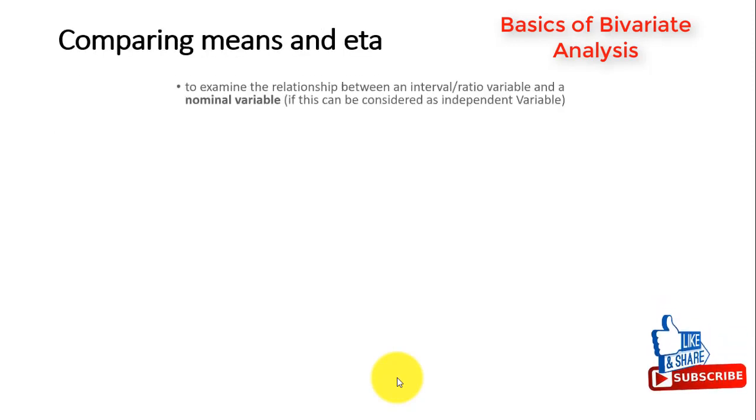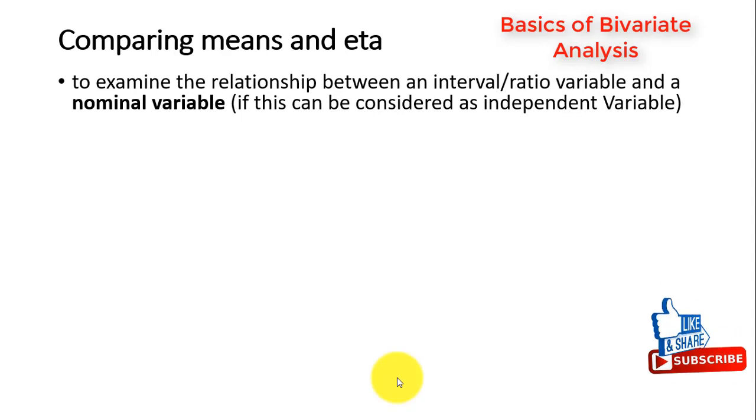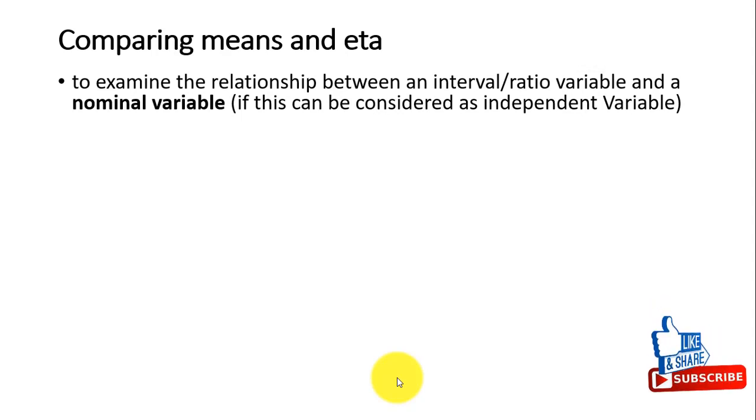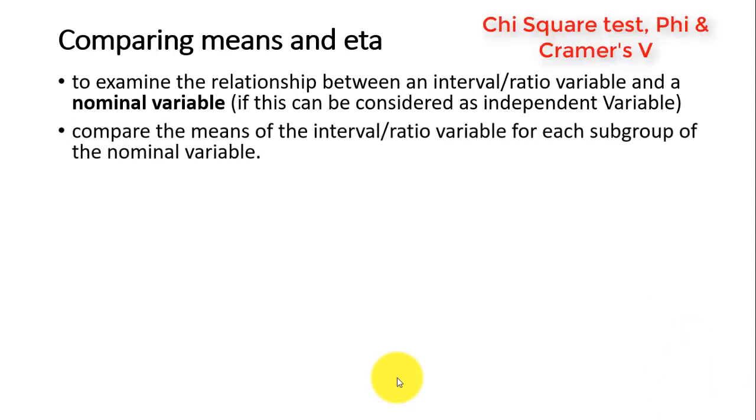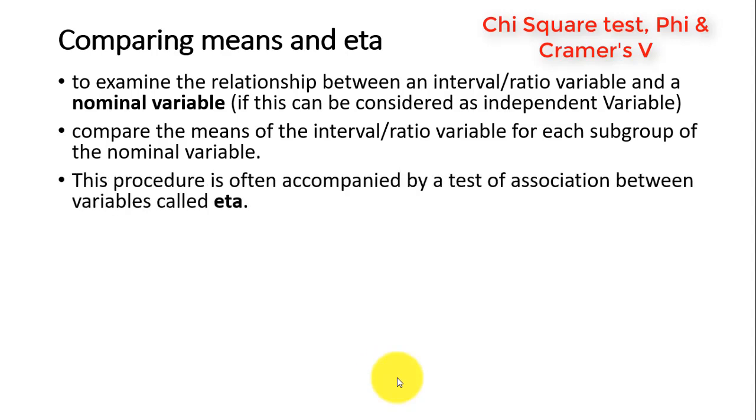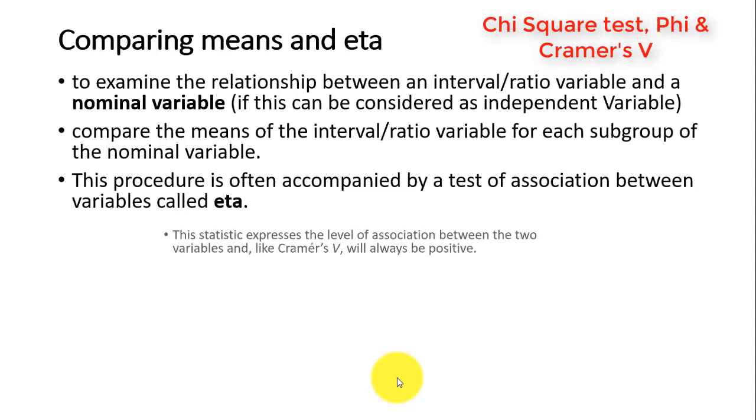Comparing means and eta. When we want to examine the relationship between an interval or ratio variable and a nominal variable, if the nominal variable can be considered as an independent variable, then we compare the means of the interval or ratio variable for each subgroup of that nominal variable. This procedure is often accompanied by a test of association between the variables known as eta.